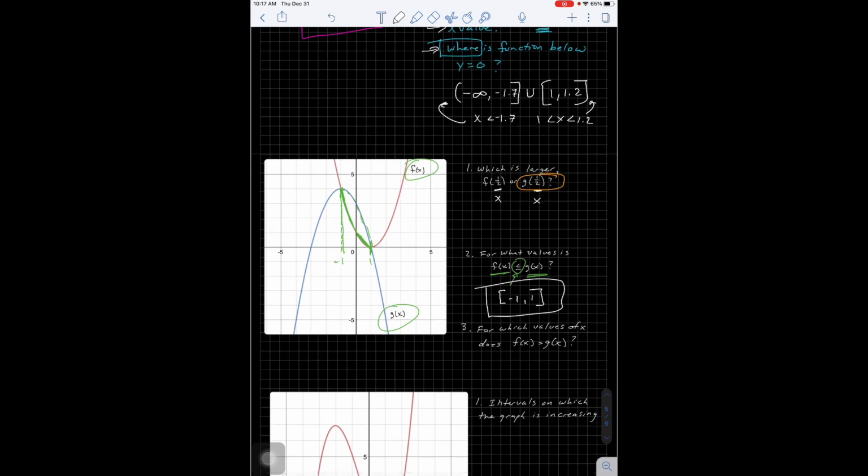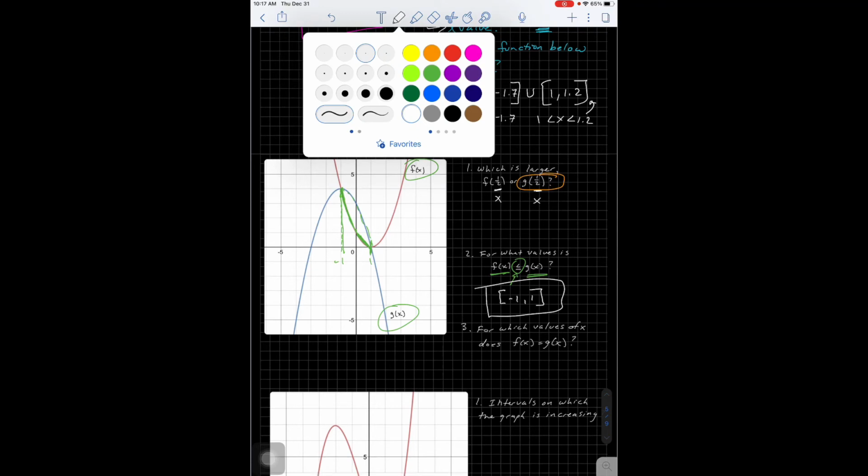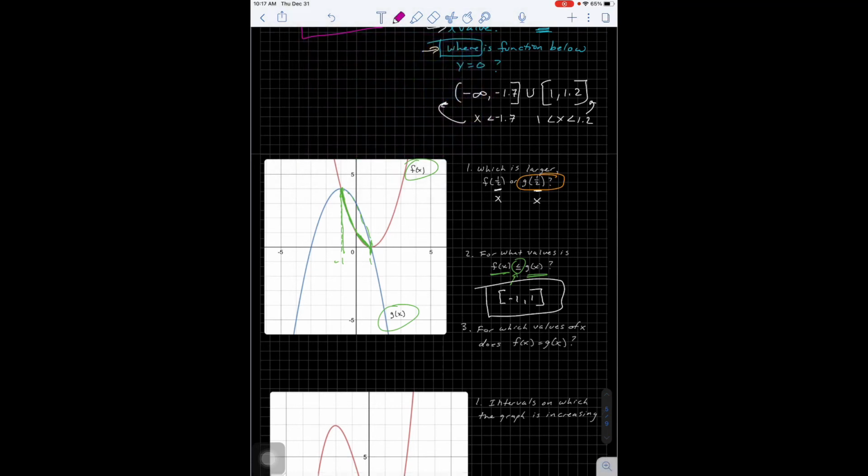Okay. For what values of x does f of x equal g of x? So that means where do they intersect? Let's write that. That's helpful.